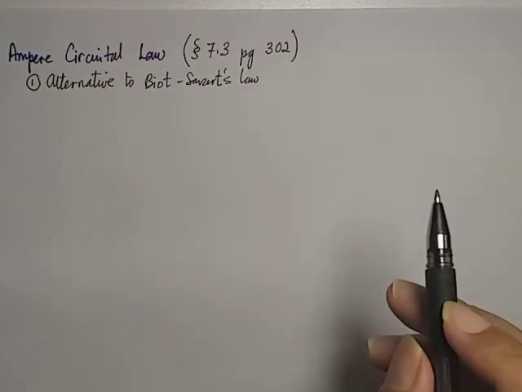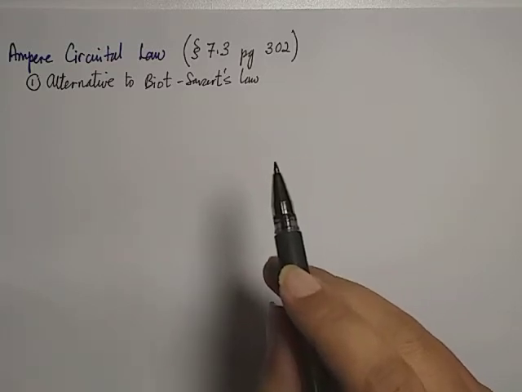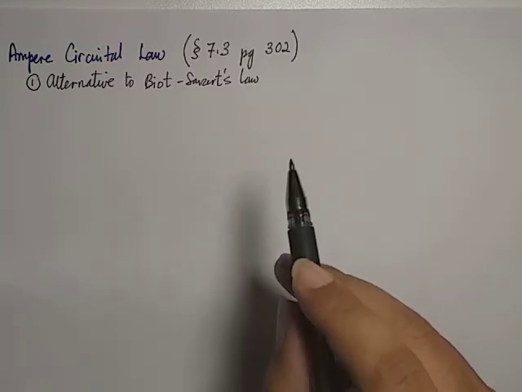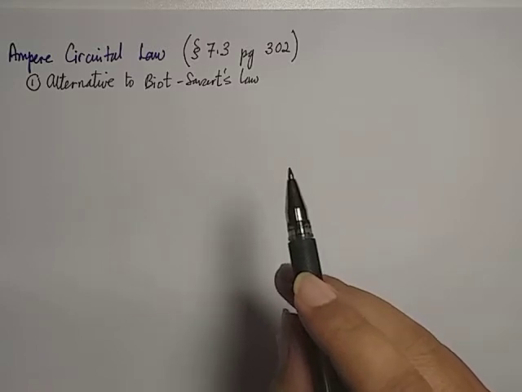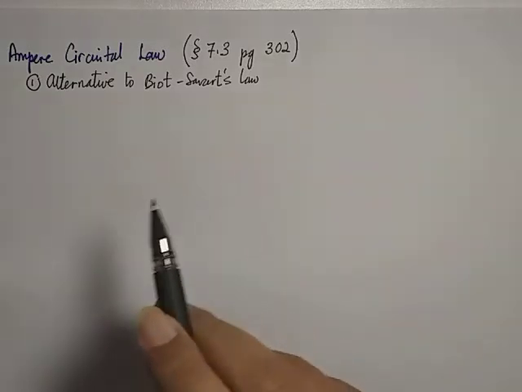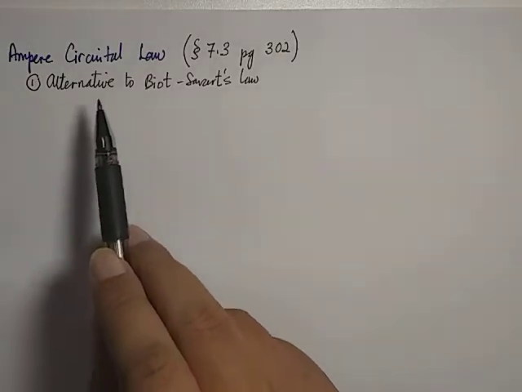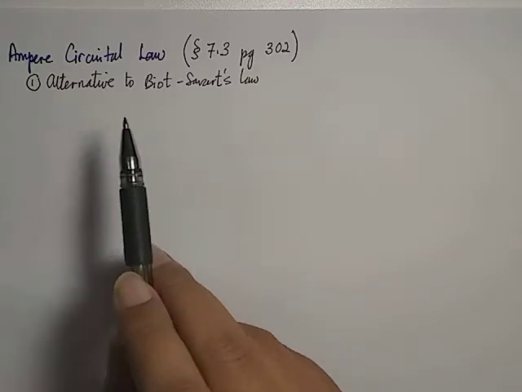It's an alternative, meaning that we can find the magnetic field using ACL as well as Biot-Savart. Similarly, we can find electric field by adopting either Coulomb's law or Gauss' law. So in our case, Ampere's Circuital Law is an alternative to Biot-Savart law.